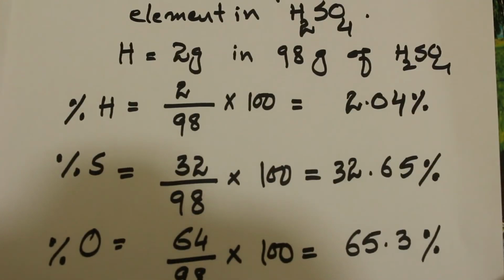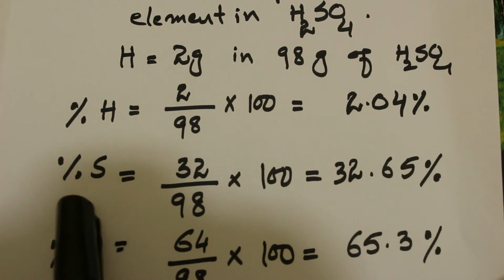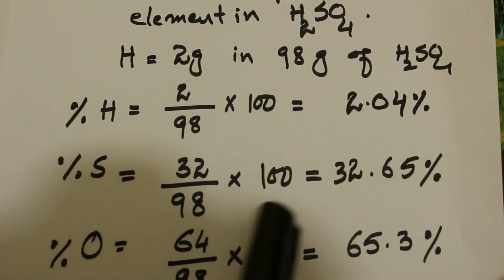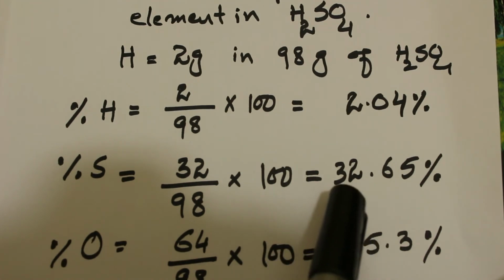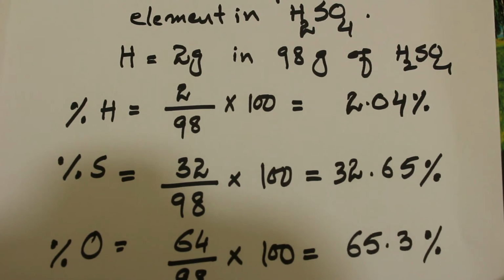And in the same way, if we take 100 grams of this sample, then how many grams of sulfur will it contain, and it is called the percent composition of sulfur, and it can be written down in this way, and it is equal to 32.65%. Okay, and in the same way the percent oxygen can be calculated.